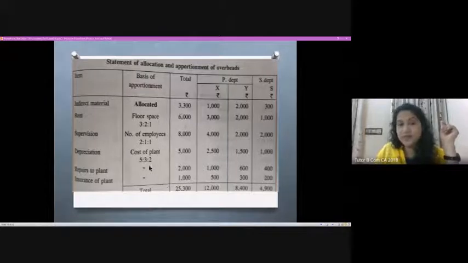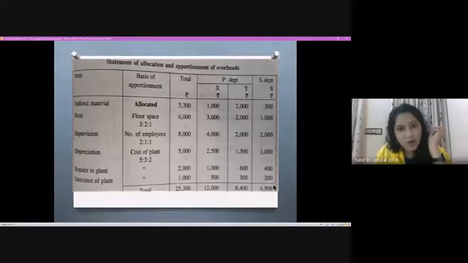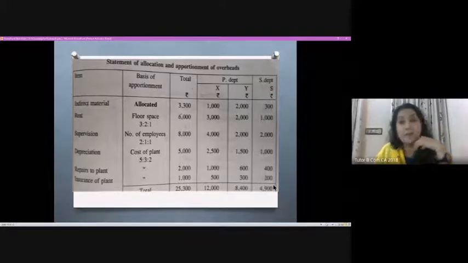So we took the same ratio 5:3:2 and we split the expense between these departments. Right, and we have written the total. This is the total column, total of all, and total of X, total of Y, total of the service department, that is S.